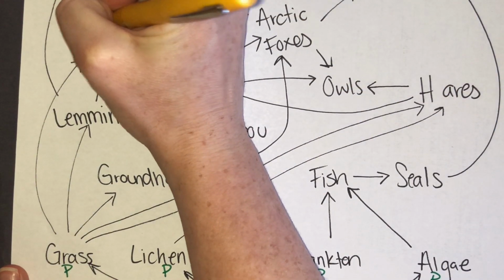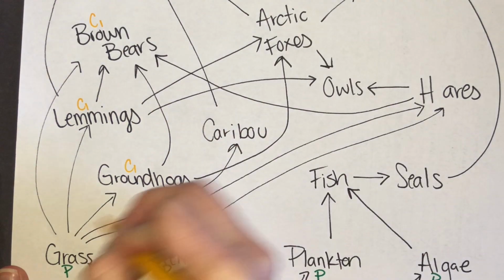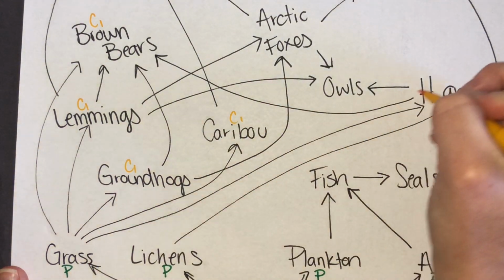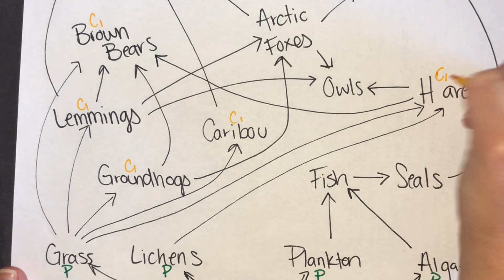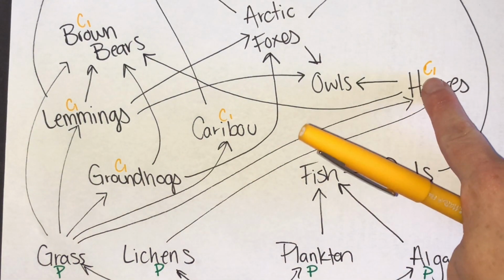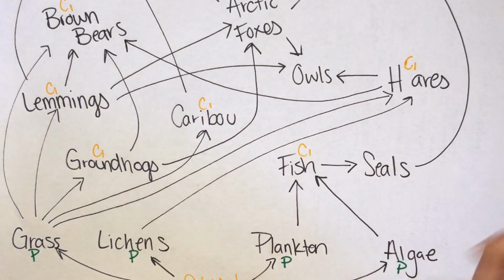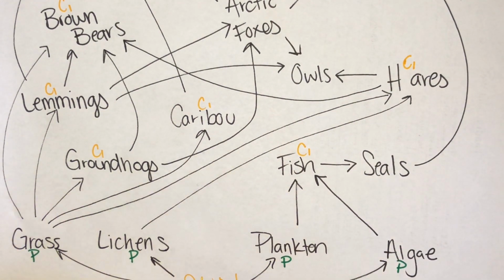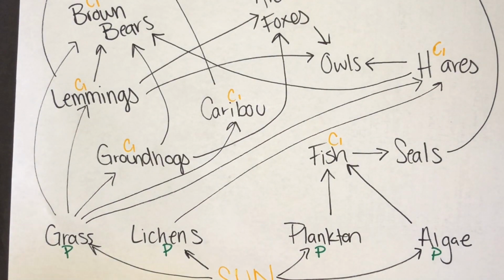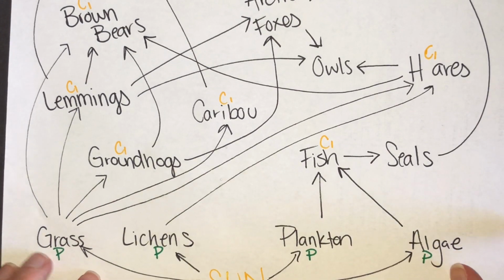So I'm going to put a C1 next to every one that eats grass. Okay? Next, what eats lichens? Well, hares, but I already put the C1 there, so we're good there. Fish eat plankton and algae, so there we're done. So, that is all of our primary consumers.